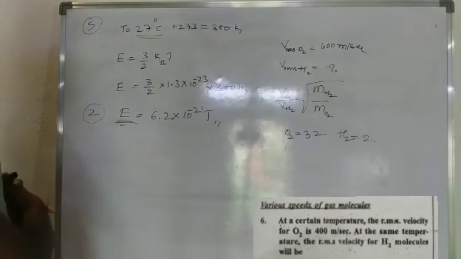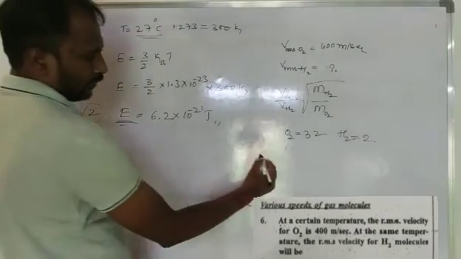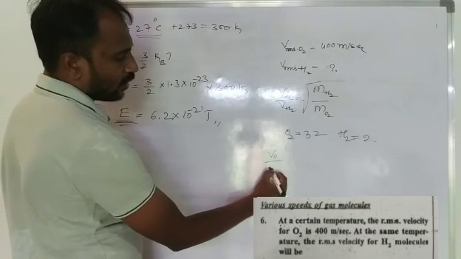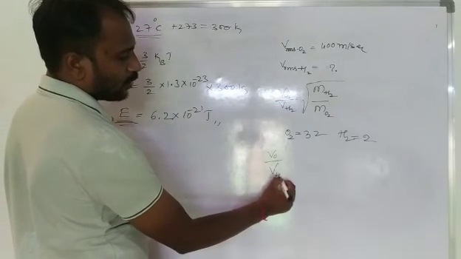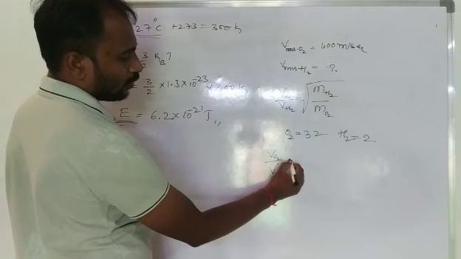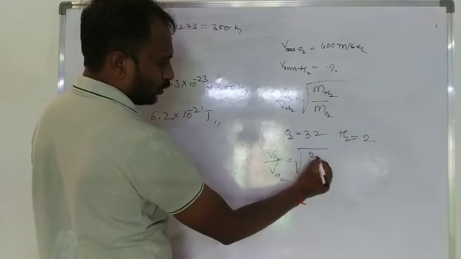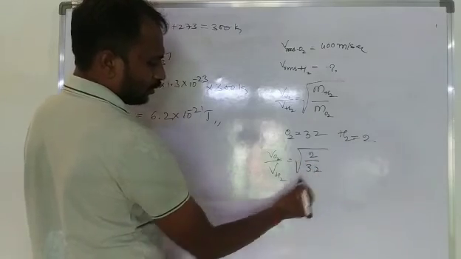So the ratio of RMS velocity for oxygen and hydrogen is equal to root of 2 divided by 32.